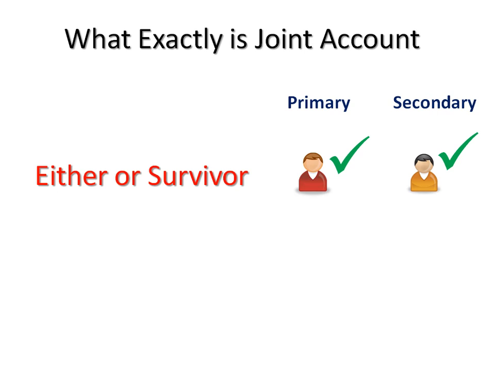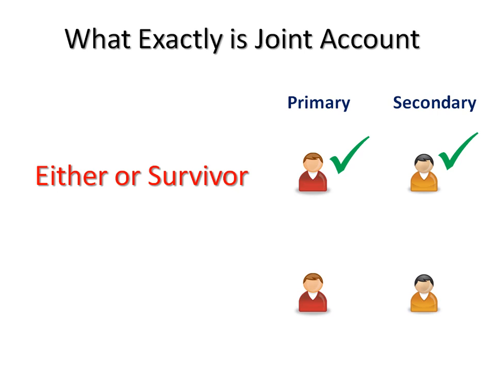Here we are talking about specifically a saving bank account, because that is one thing where we generally use the joint account term. So in this case, either or survivor mode, both of the persons should be able to take any decision independently. So primary can do whatever he wants and even secondary can do it.